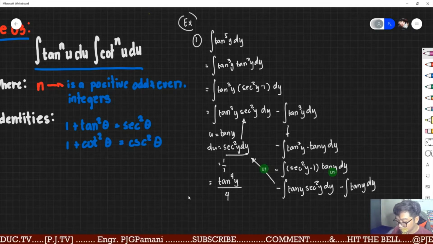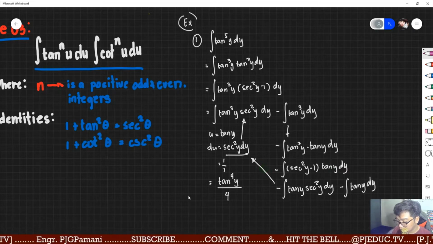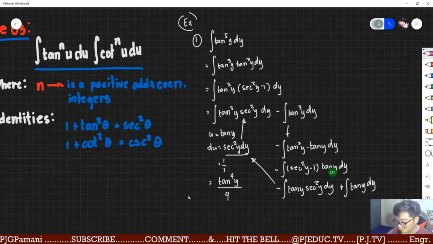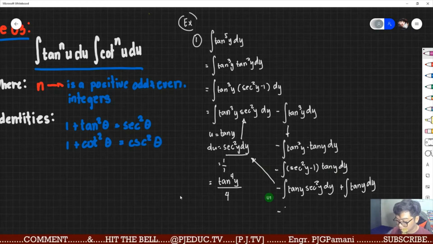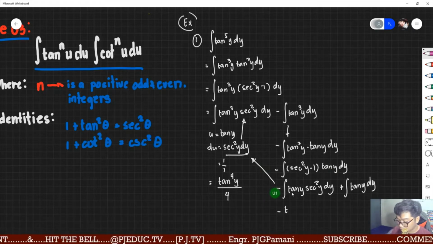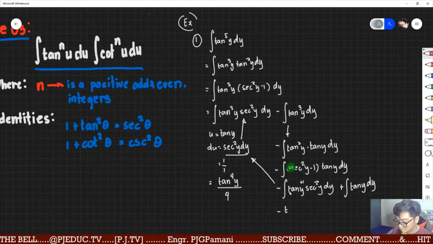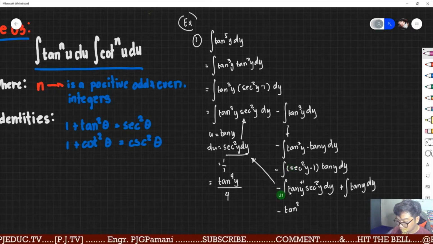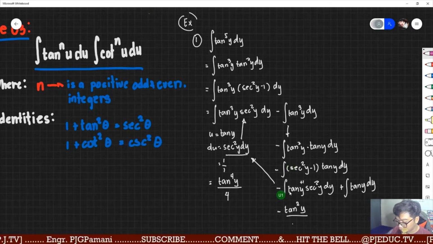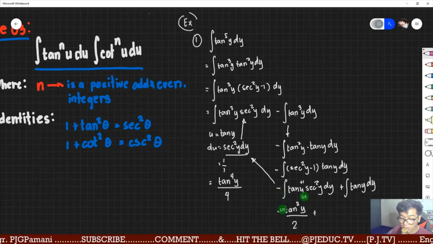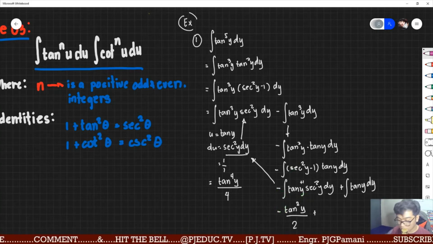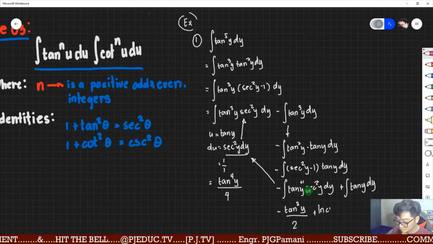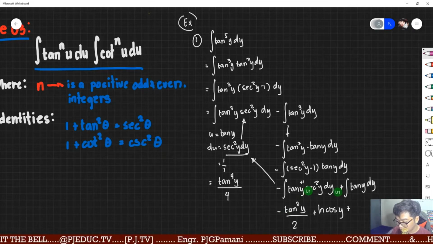Same condition, so that's plus. That is now negative tangent. We just add a plus 1 here. So that is now tangent squared y over 2 plus the integral of tangent y, which is ln cosine y plus c.